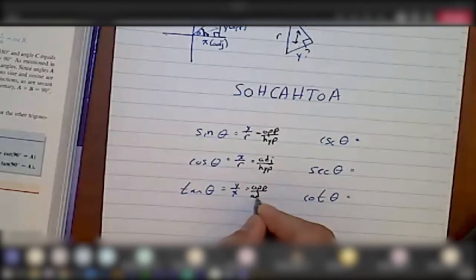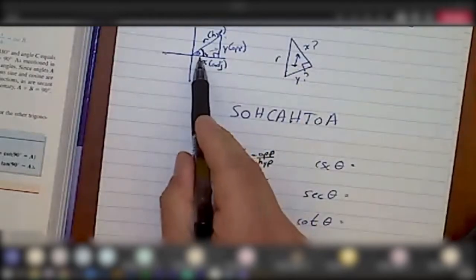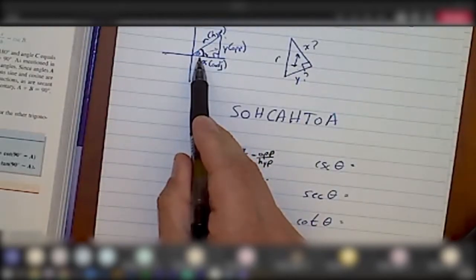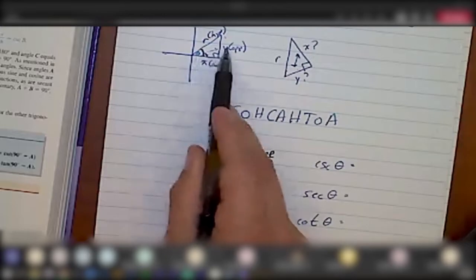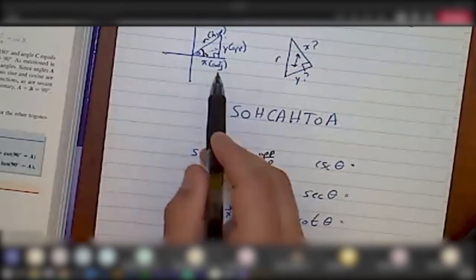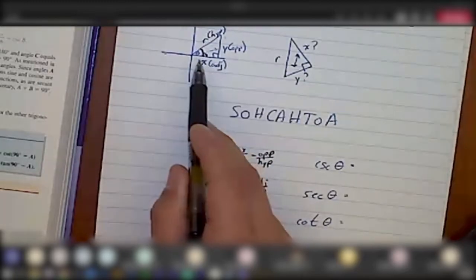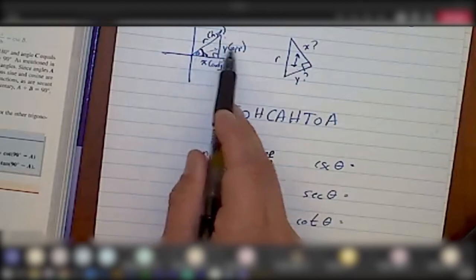If you go back to this picture and I'm looking at that angle right there, sine is y, but it's also the opposite side over the hypotenuse, which is r. Cosine is the adjacent over the hypotenuse. Tangent is the opposite leg over the adjacent leg.